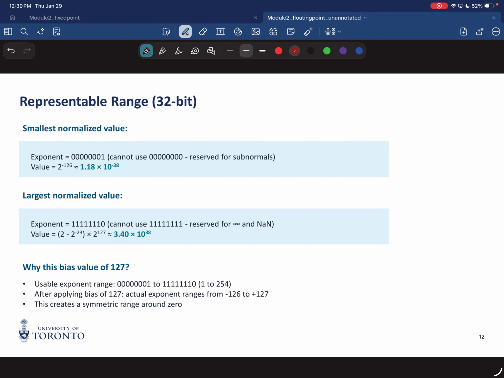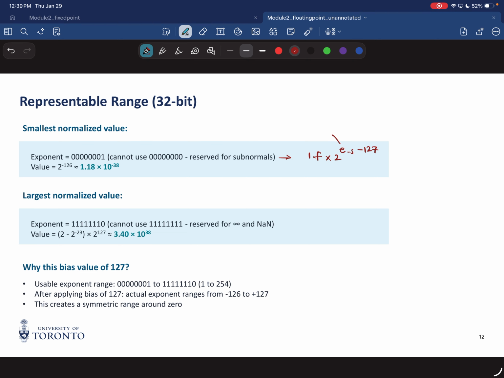Now, in order to find the range that you can show with floating point, remember the exponent can't be 0, so we start from 1. And then for 32-bit, what you can get is 1 point f multiplied by 2 to the power of e stored minus 127.